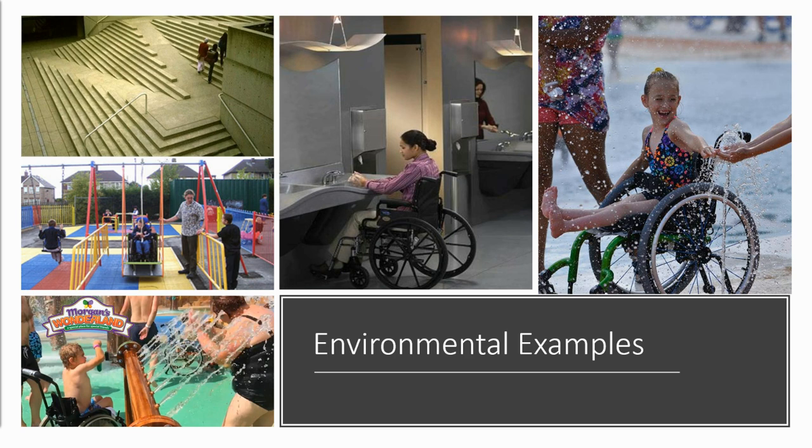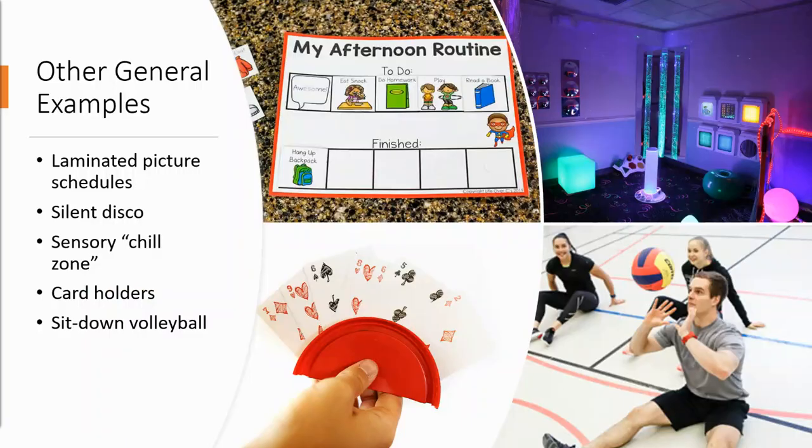It has room to come under it, but it's not separated from the rest of the sinks. The bottom left and top right picture are both from Morgan's Wonderland, which is an accessible theme park for children with and without disabilities. And so that's another example of universal design in their water park that can be used by everybody.